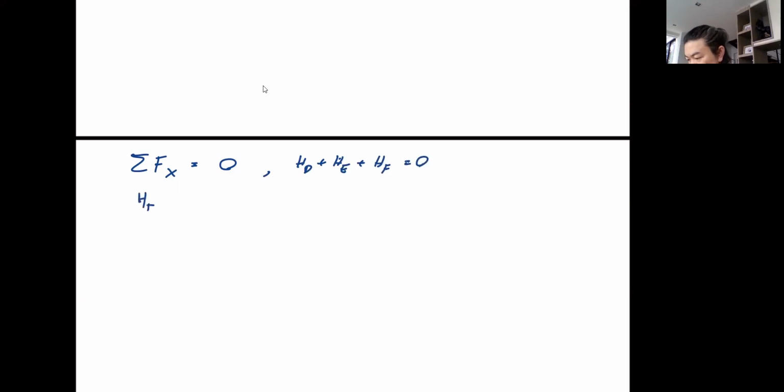So your HD is equal to MAD plus MDA. Now you're going to have to be quite careful because for this member, it's 3 meters long. It's very ugly 3, so let me do it. So this one, now you just add them up. It's quite straightforward.